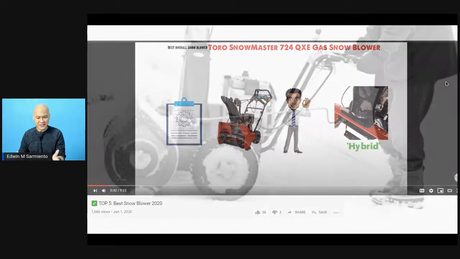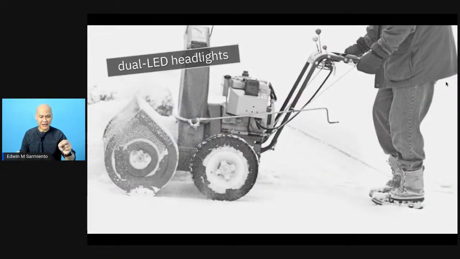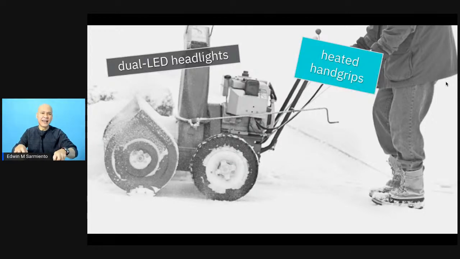And it's interesting how all of these snowblowers have different features like dual headlights, just in case you decide to shovel or clear your driveway at 3 o'clock in the morning when you got paged because your monitoring tool starts telling you that there's something wrong, just in case. Or heated hand grips, just in case you decide to go out and shovel your driveway and you forgot to put on gloves.